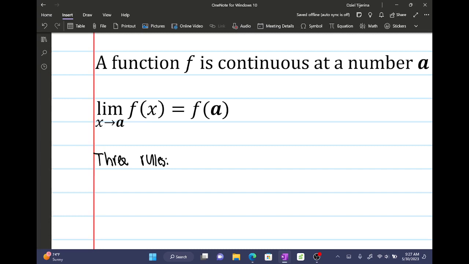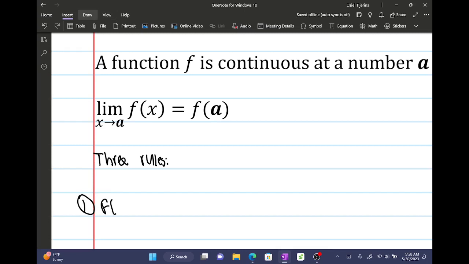In order for this to be true, number one says that f of a is defined. Let me write this down.